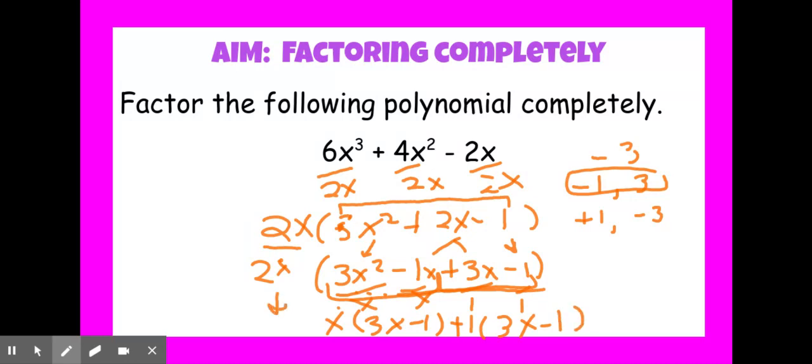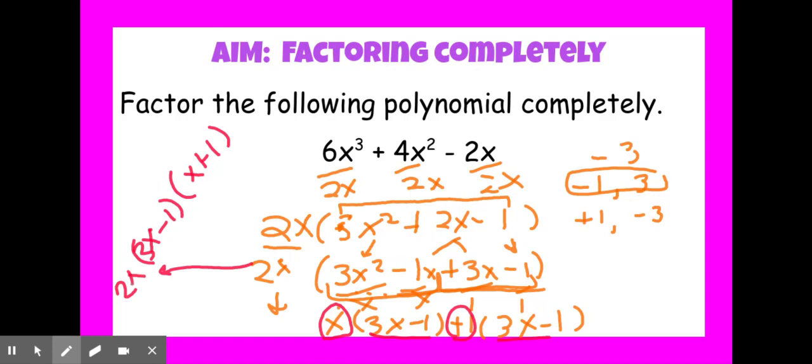So our final answer, because I don't have a lot of room here, I'm going to do it in red on the side, is going to be 3x minus 1, which is here. And then our x plus 1 is going to come to the side of it. And then you cannot forget this factor of 2x, because you're always going to have 3 or more factors when factoring completely.